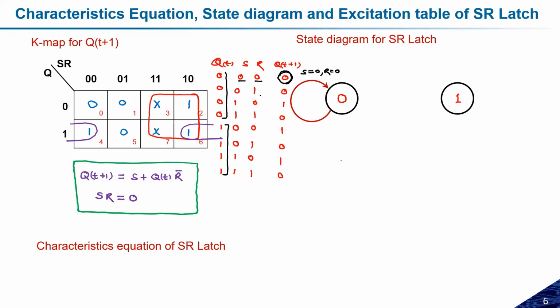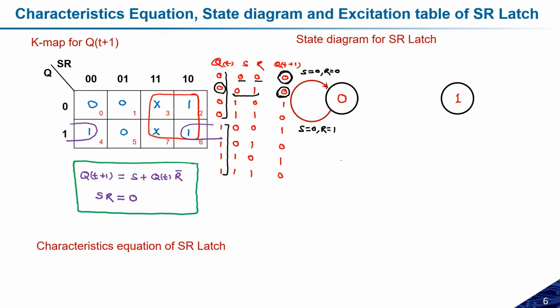Now let us consider the second case. Qt was 0, and if S is equal to 0 and R is equal to 1, I was getting the next state again 0. So if S is 0 and R is 1, then I will get the same state here.